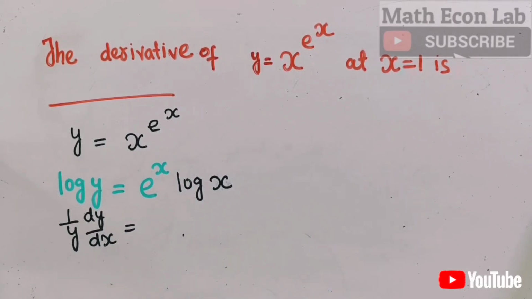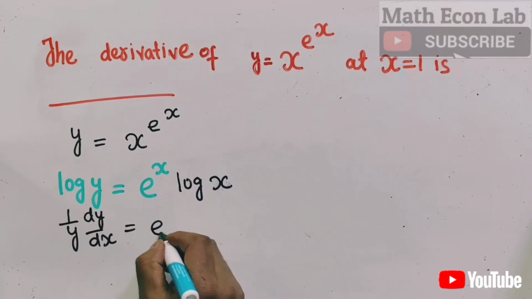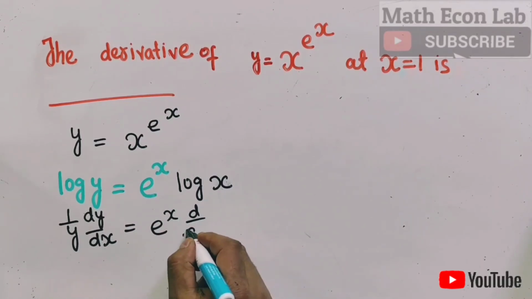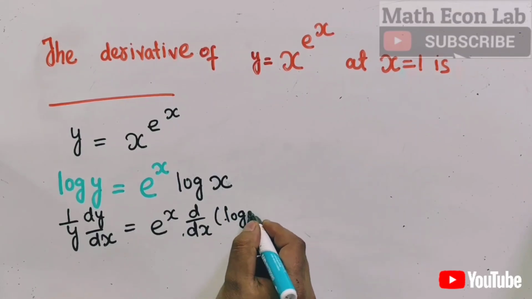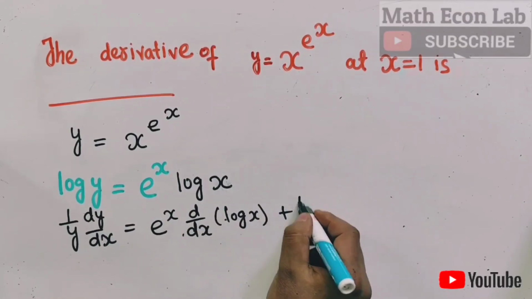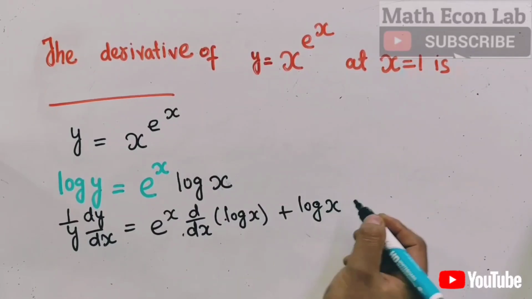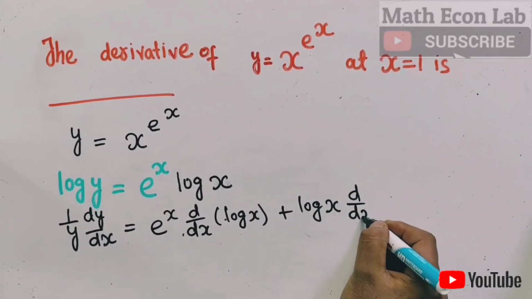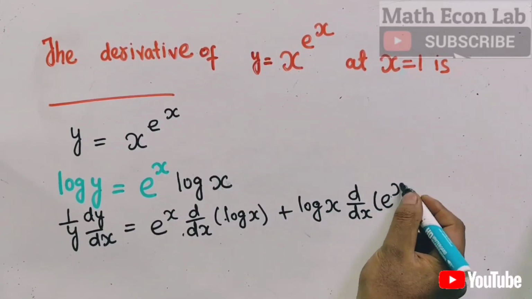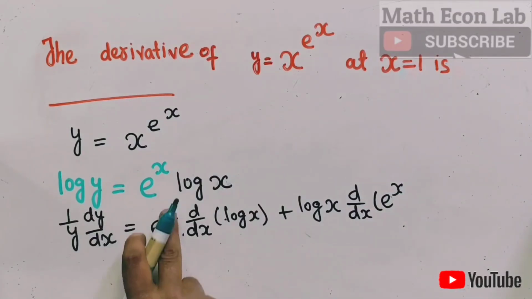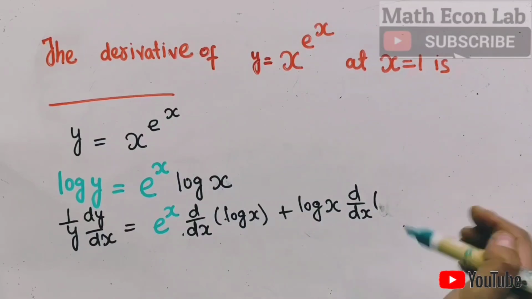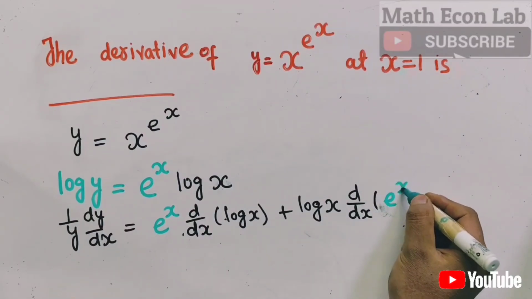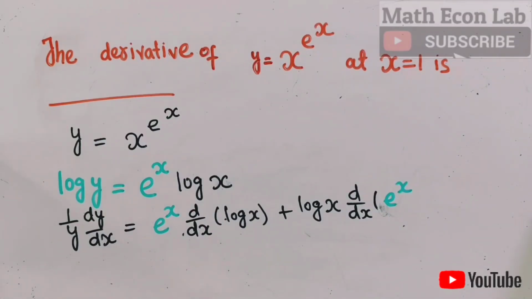Now on the right hand side we apply the product rule: we write the first function e raised to the power x and take the derivative of the second function, which is log of x, plus we write the second function log of x and take the derivative of the first function, which is e raised to the power x.